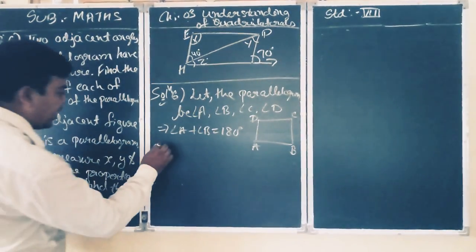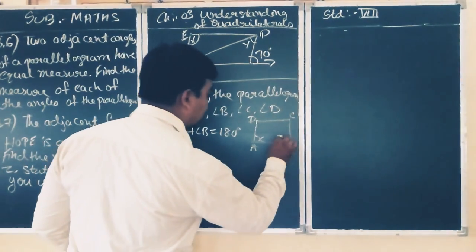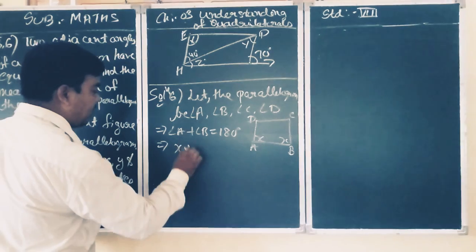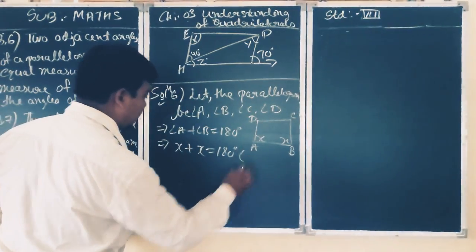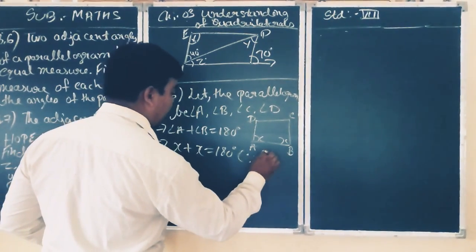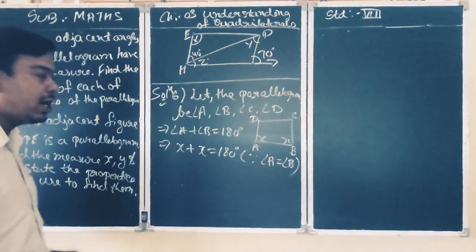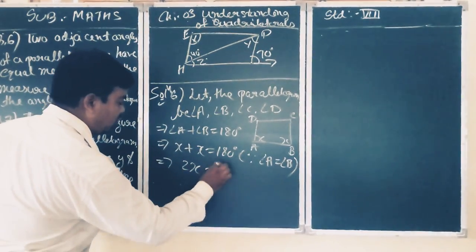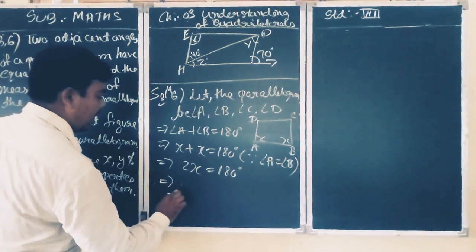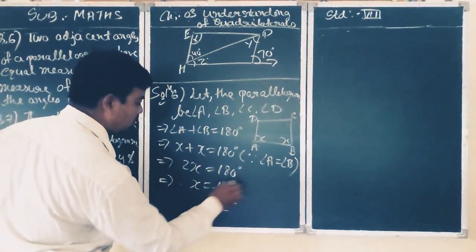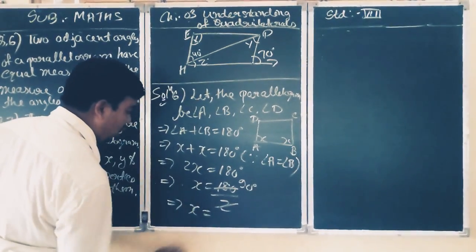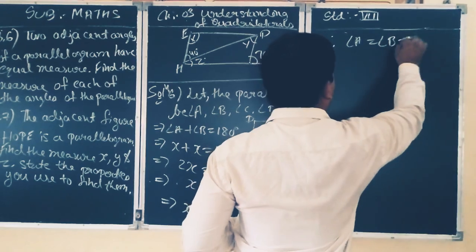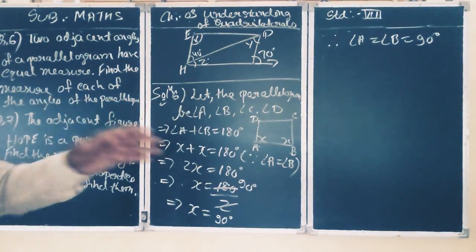Angle A equals angle B, so let each be x. Then x plus x is equal to 180 degrees, so 2x equals 180 degrees, x equals 180 divided by 2, which is 90 degrees. So angle A equals angle B equals 90 degrees.